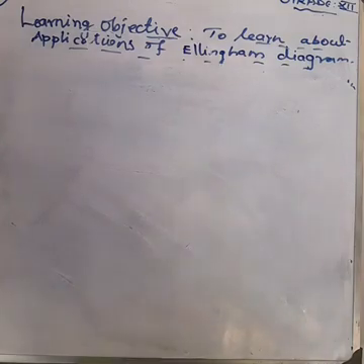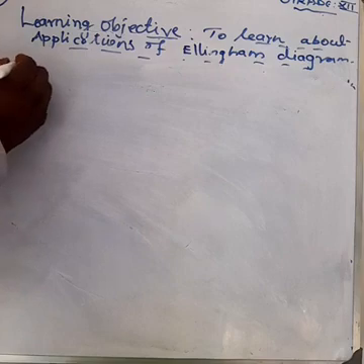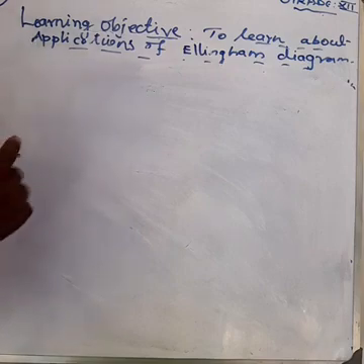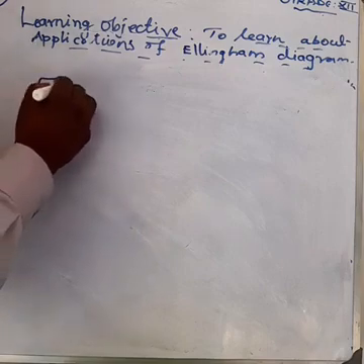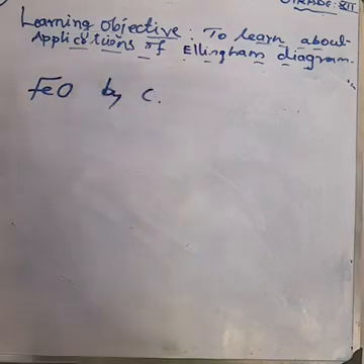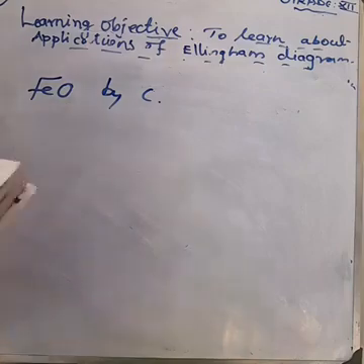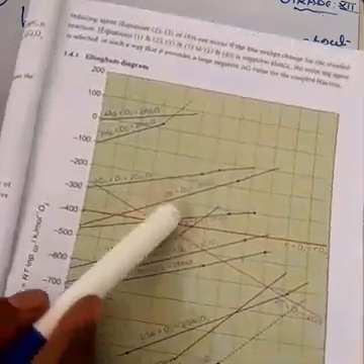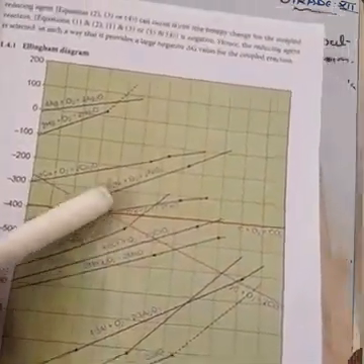Here, what is the favorable condition for the reduction of iron oxide by carbon? In the Ellingham diagram, the lines for the formation of iron oxide and carbon monoxide intersect. Here they intersect, around 1000 Kelvin.